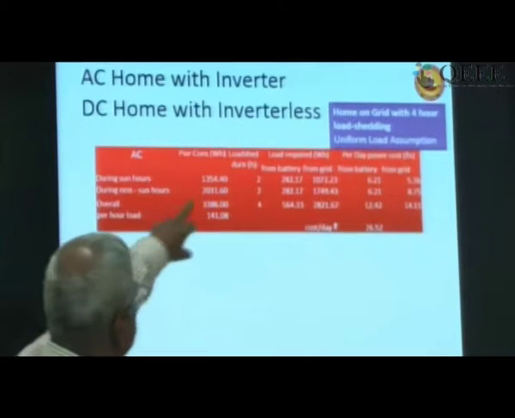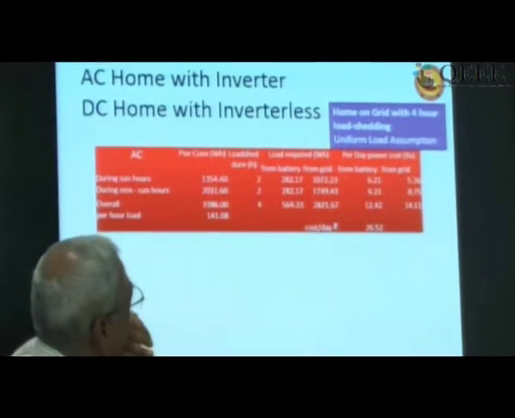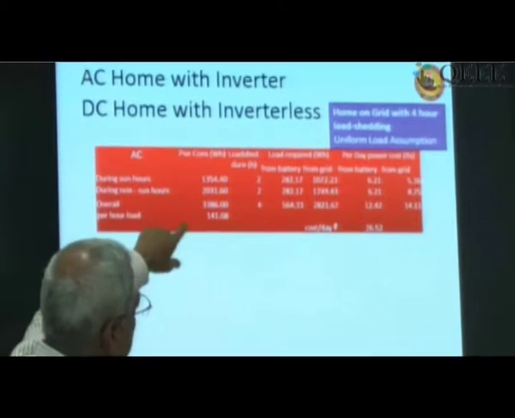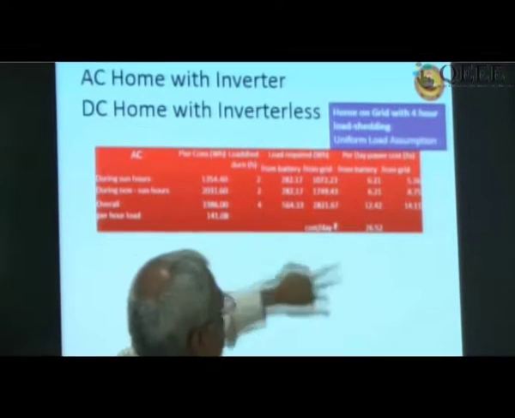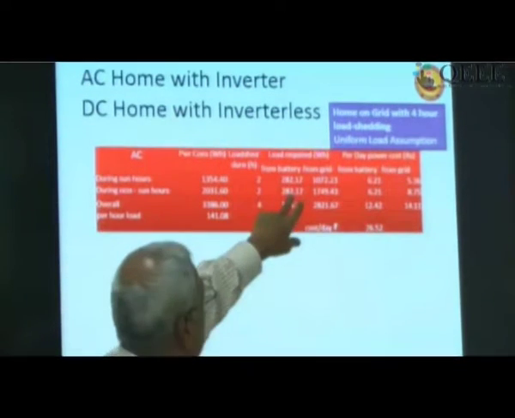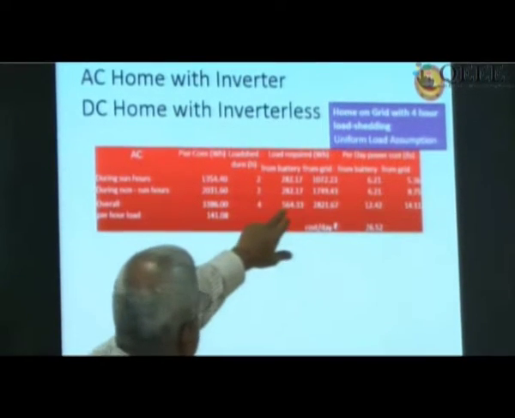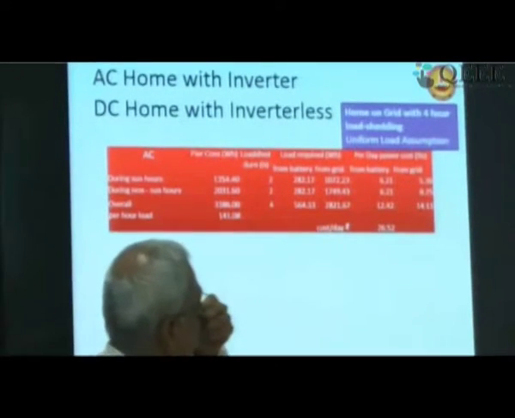Power consumption during sun hours comes to 1354, power consumption in non-sun hours comes to 2031, and in the AC case, the load required from the grid comes to this much, from the battery, because there is a power cut for 2 hours, 282 and all that, and therefore the total battery power is 564, total grid power is 2821.